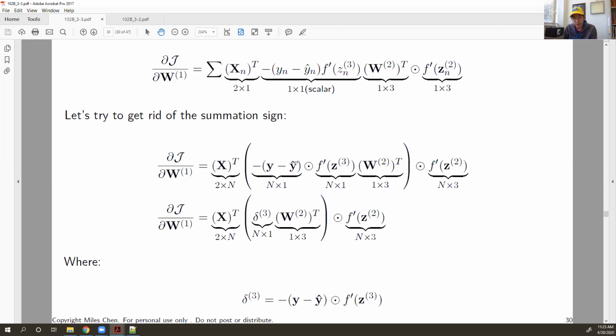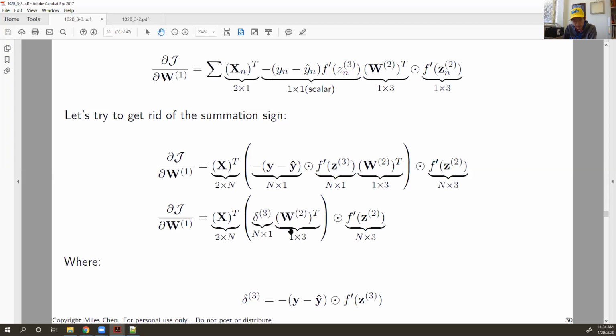let's see how we can multiply these together, okay? So I'm going to multiply this n by 1 and this n by 1 using element-wise multiplication. And we're going to call this delta 3, okay? And so here I have an n by 1 matrix multiplied by a 1 by 3 matrix.